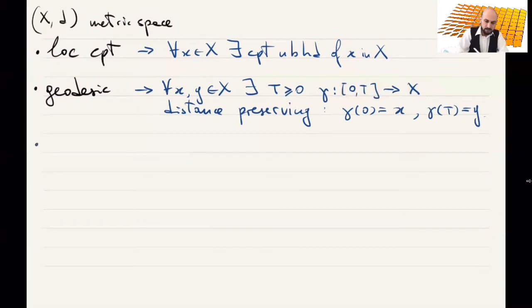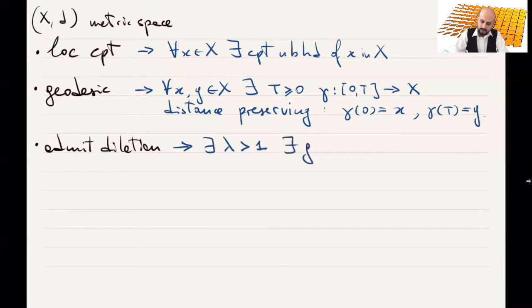Now, what about admitting dilations? Okay, what is a dilation? The dilation is given by a factor, so there exists some lambda, let's take it larger than 1.